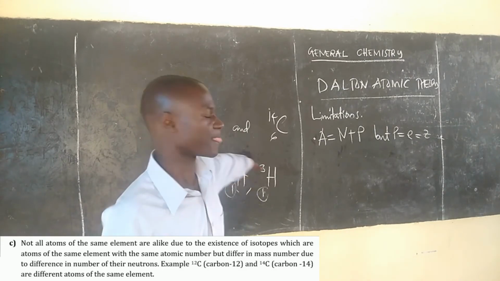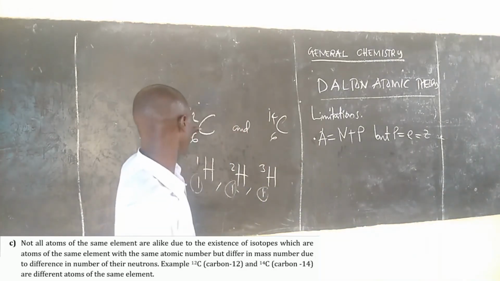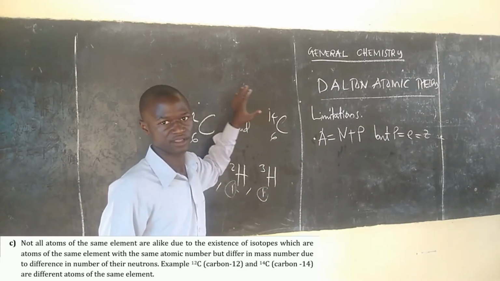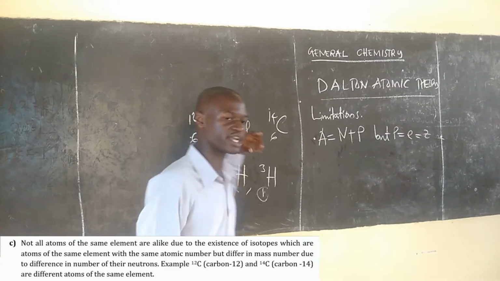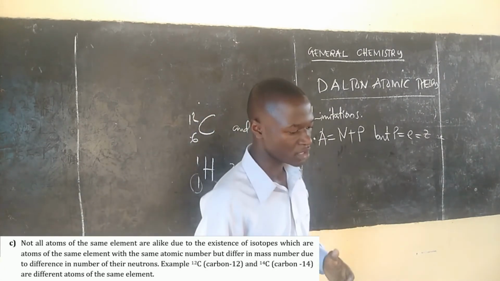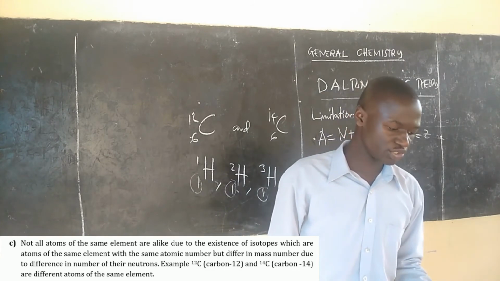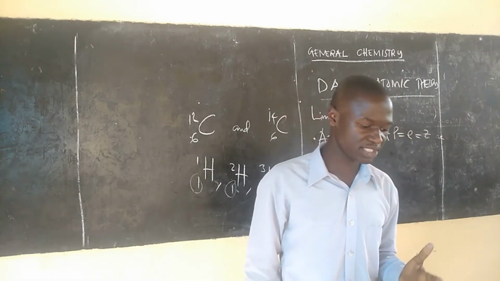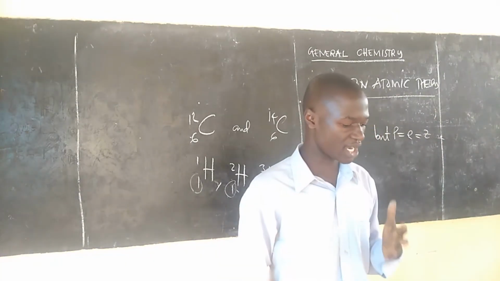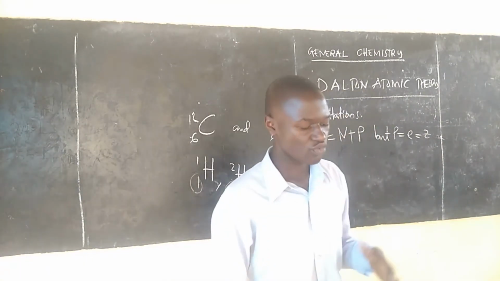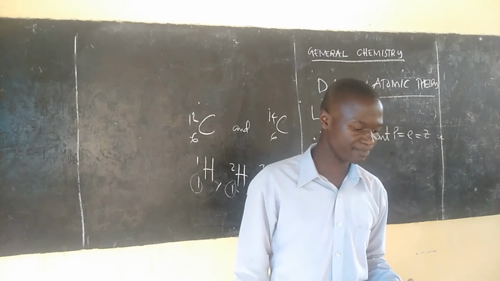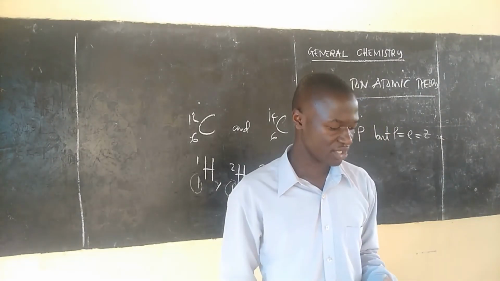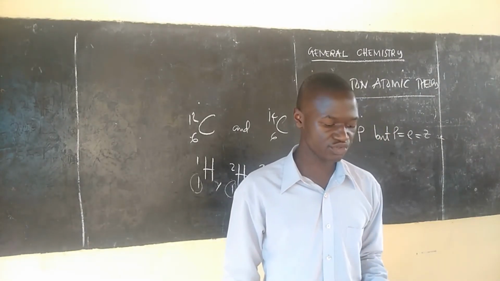But since atoms of the same element may have different masses, that goes against the idea of Dalton. So we are saying that not all atoms of the same element are alike due to the existence of isotopes, which are atoms of the same element with the same atomic number but different mass number due to the difference in the number of neutrons.